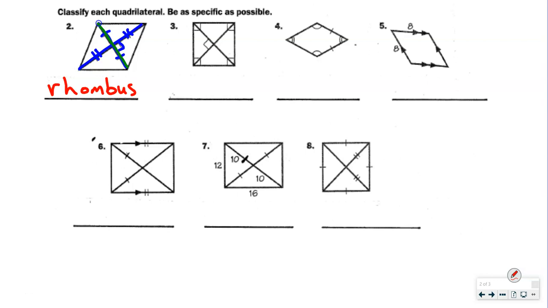And then the other information it shows is with my diagonals. My diagonals form a right angle, which means that they're perpendicular. So diagonals are perpendicular with rhombuses.